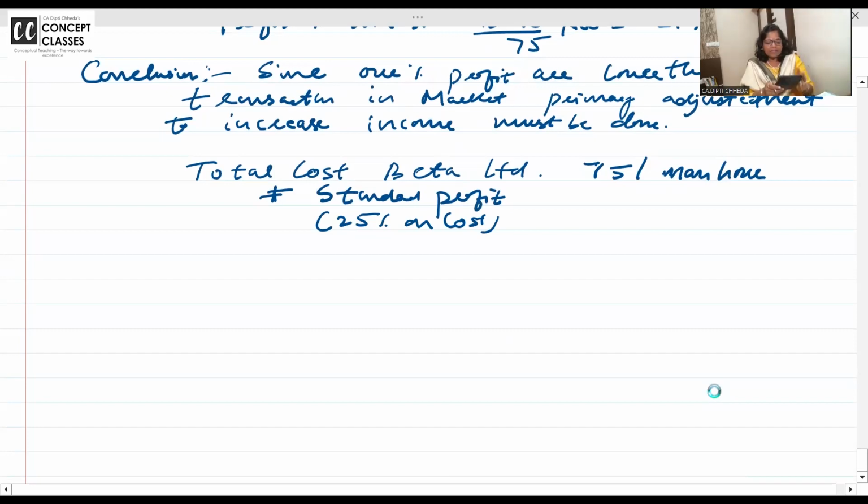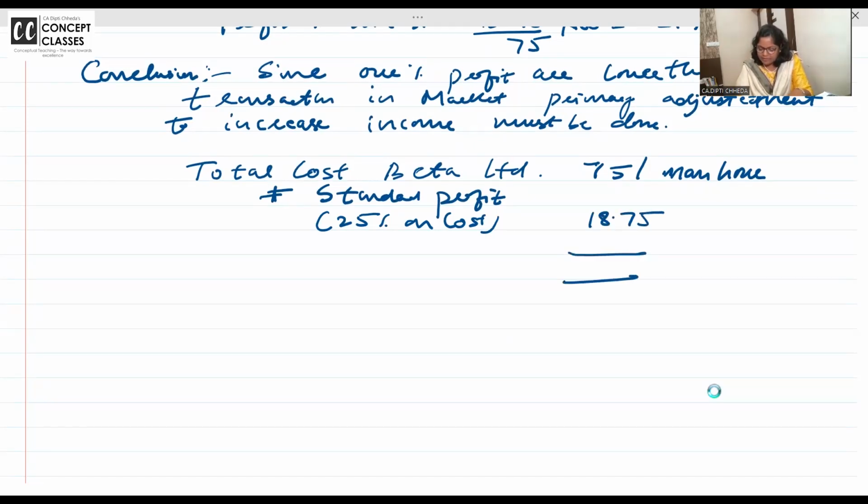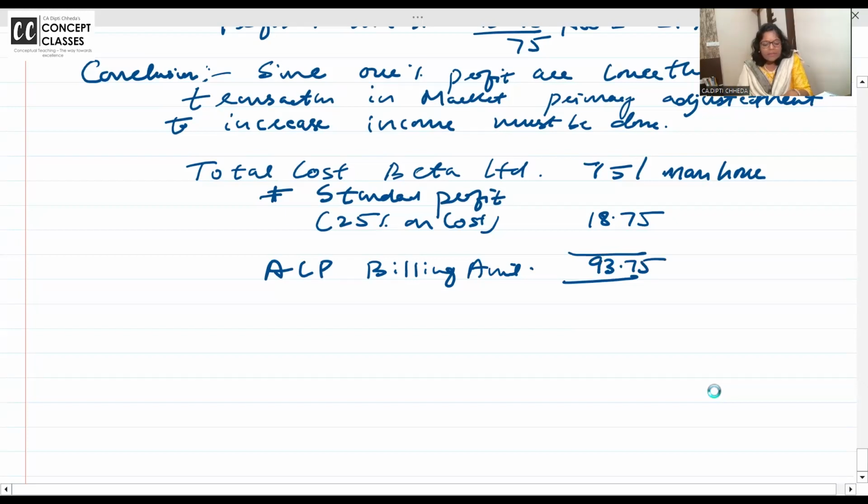Can we calculate 75 का 25% कितना हो रहा है? 18.75. Then what is my arm's length price or billing amount? How much should I have charged from my foreign concern? 18.75 plus this, that is 93.75.